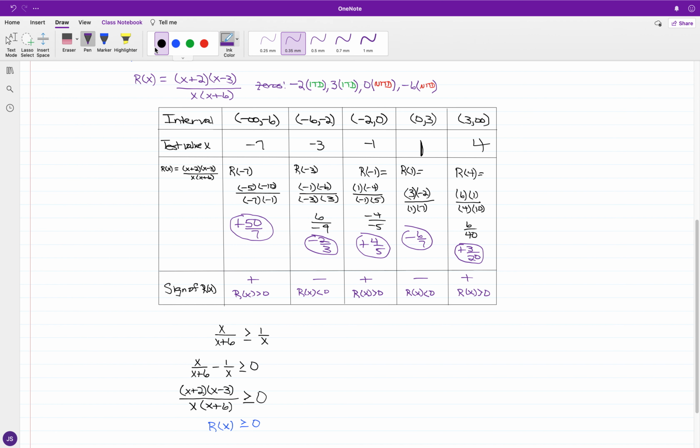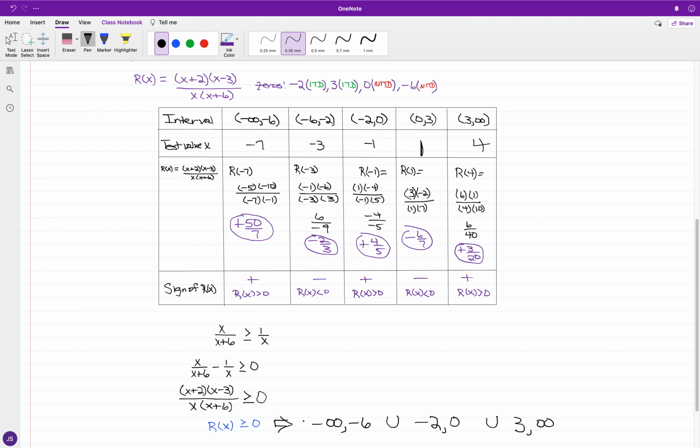For the interval solution, greater than 0, you have between negative infinity and negative 6, between negative 2 and 0, and finally between 3 and infinity. With the inclusion of the equal sign, there could be at least a bracket.